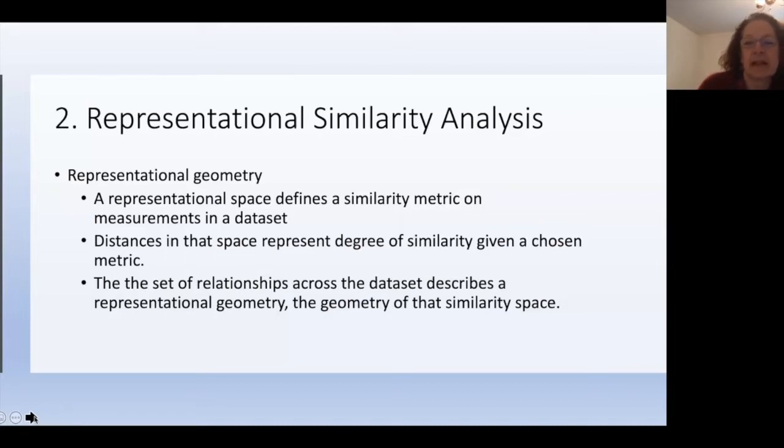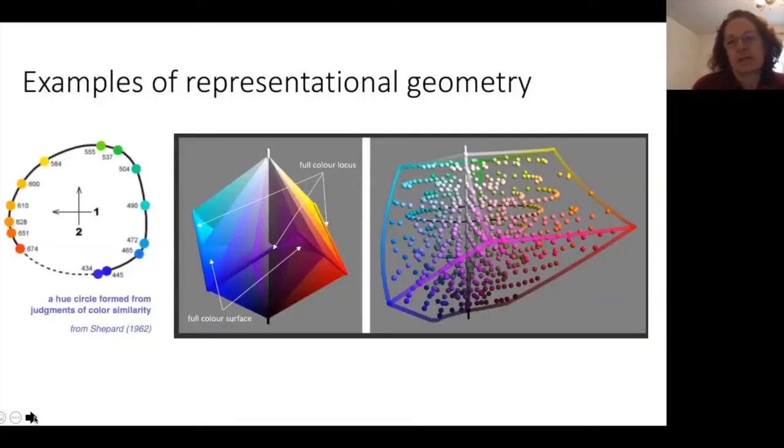And a familiar way of thinking about it is to think about the color space, where there's a way of characterizing that color space so that close relationships in that space correspond to similarity judgments in our perceptual space. And there are also other ways of showing a color representational geometry.